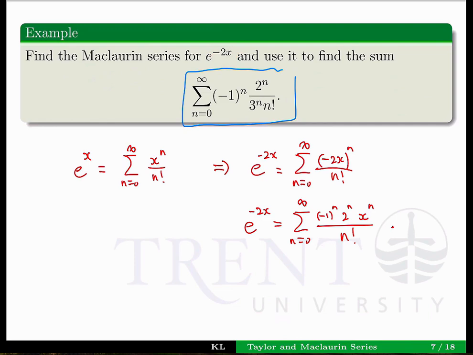For the second part of the problem, we want to find the exact value of this sum. We have n starting from 0 to plus infinity, negative 1 to the power n, 2 to the n, and on the denominator n factorial.